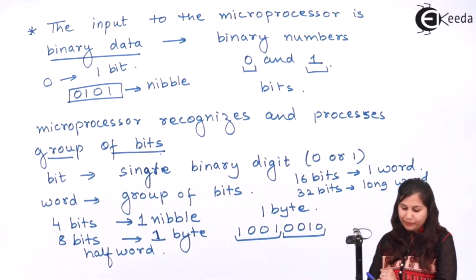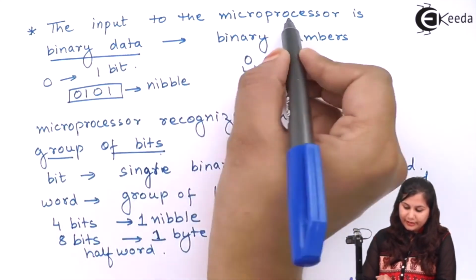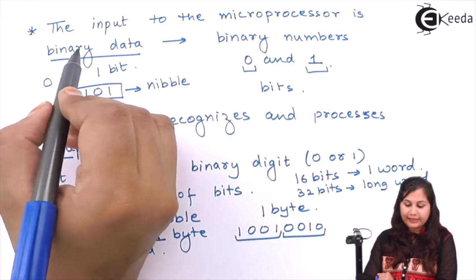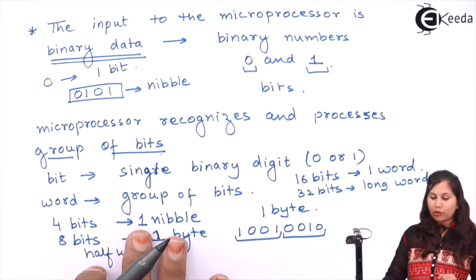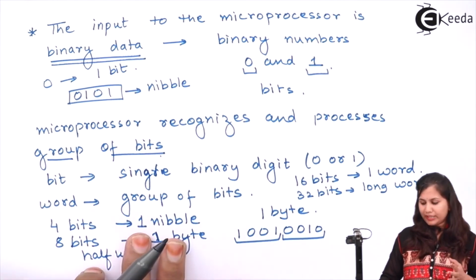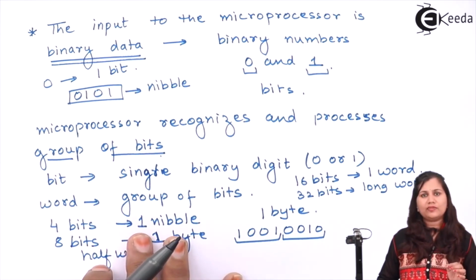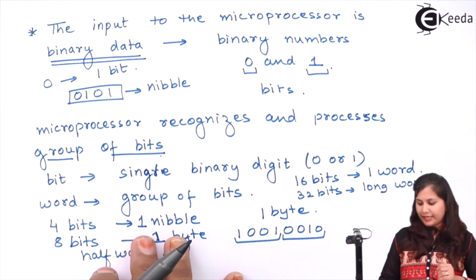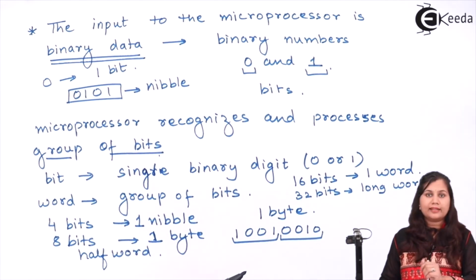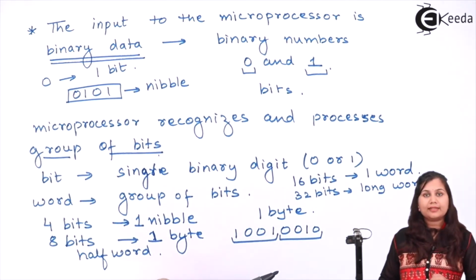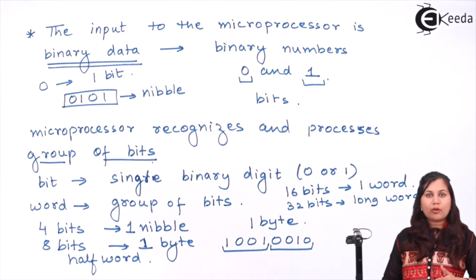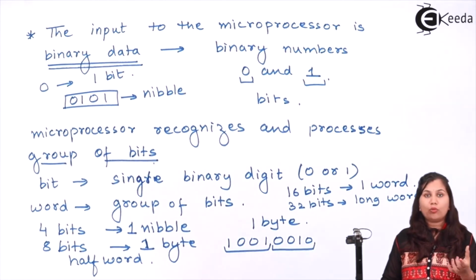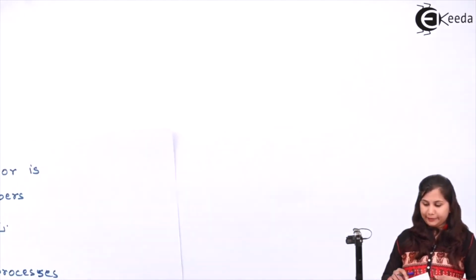Now we have studied here that the microprocessor deals with binary data only. So the output of the microprocessor will also be binary data. So we can say that this is the way in which we can define a microprocessor. If it is dealing with 8 bits, then it will be called an 8-bit microprocessor. If it is dealing with 16 bits, then we can say that it is a 16-bit microprocessor. So in this way also the microprocessors are defined by what type of input they are getting.